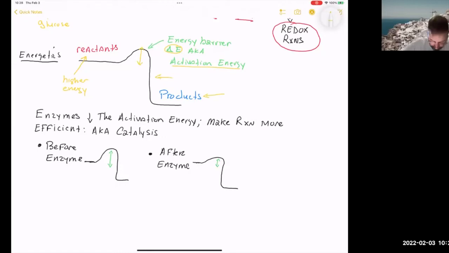Typically your products are going to be at lower energy, and so they'll be more stable. Now, it is possible to have a chemical reaction where reactants are at lower energy and the products are at higher energy, but this requires you to put a lot of energy in to get that chemical reaction to work.